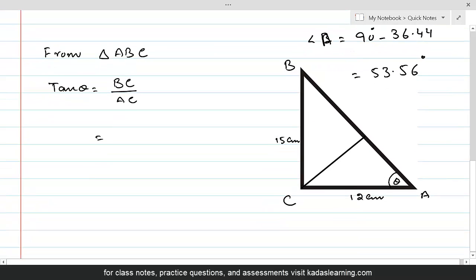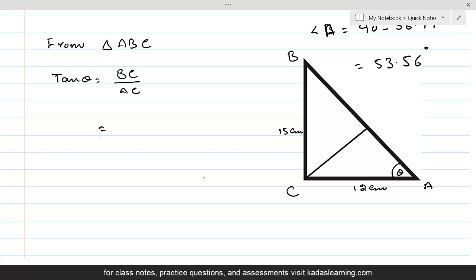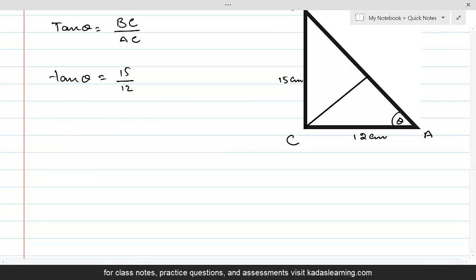This is equal to 15 over 12. This is equal to tan theta, and theta would be equal to tan inverse of 15 over 12, and this would be equal to 51.3 degrees.